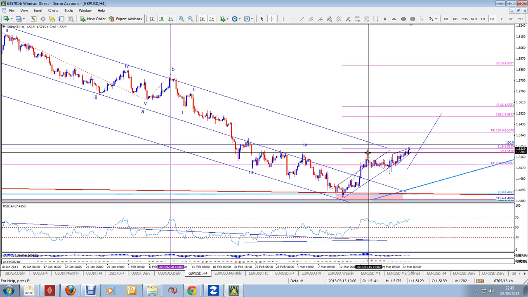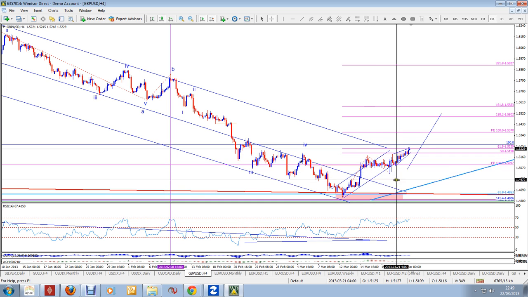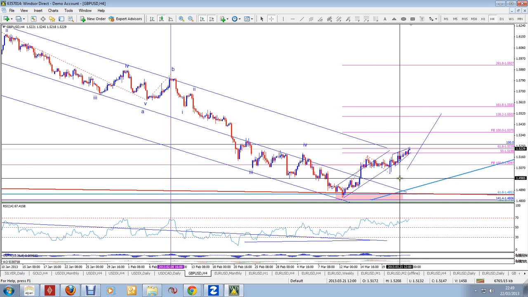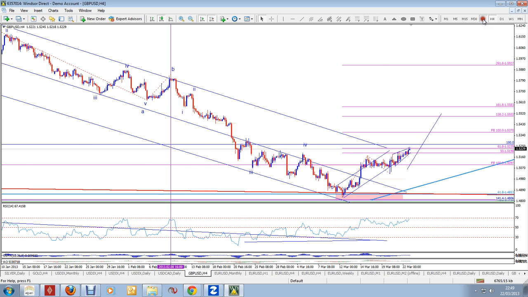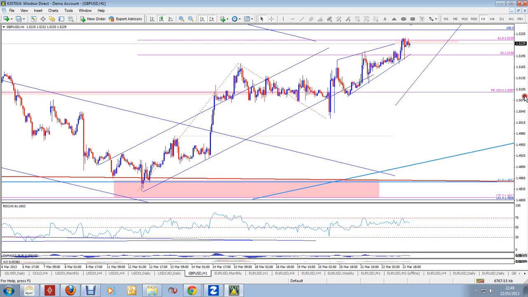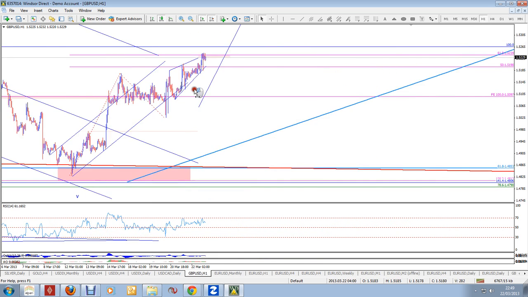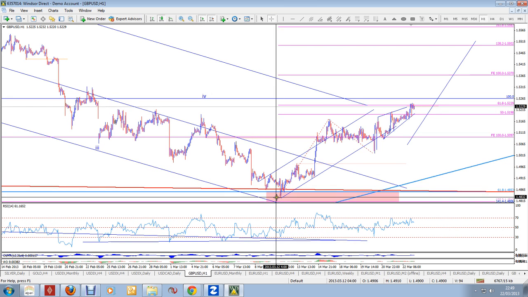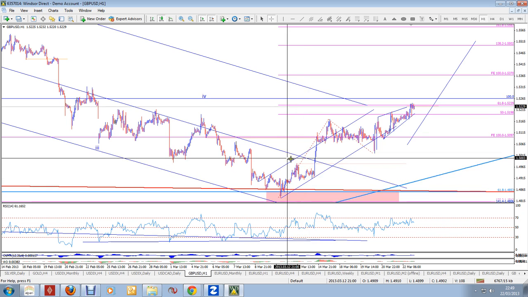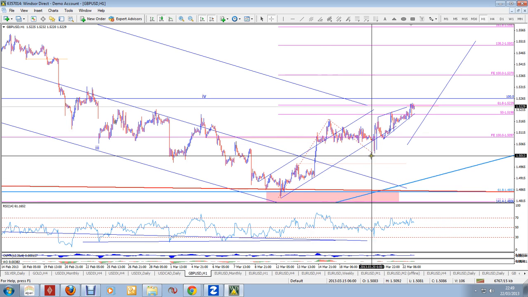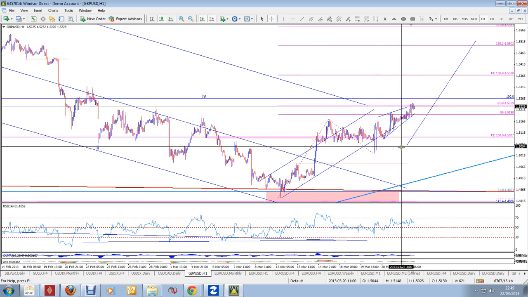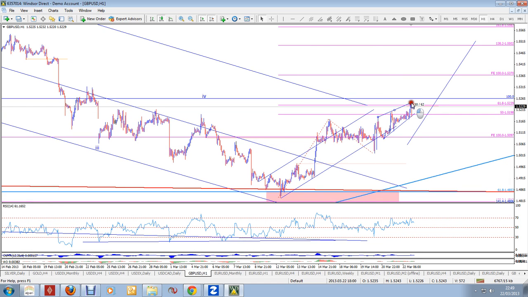So that could be a wave 1 or an A, ABC back as a wave 2 or a B, and then in a shorter term, you've got 1, 2, 3, 4, and then this ending diagonal is wave 5. So maybe the pound dollar has actually completed a 5 wave to the upside. We expect now an ABC retracement and then to continue higher.